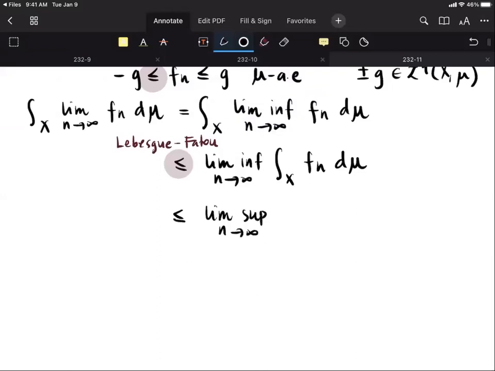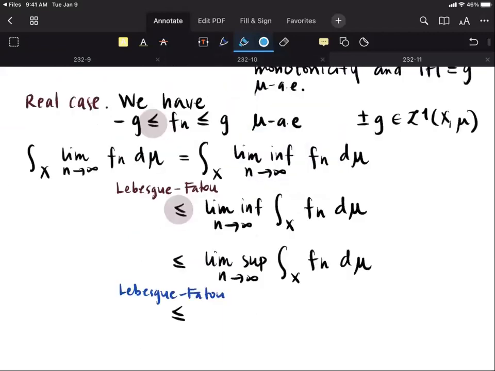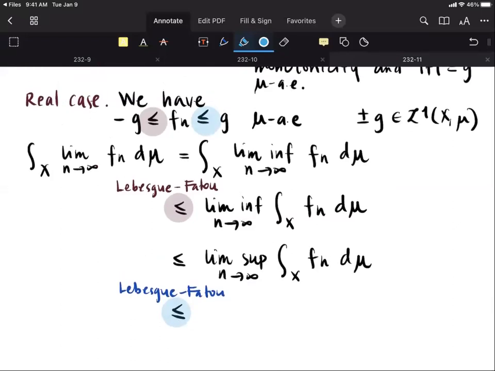However, the limit inferior is less than the limit superior. Now, we utilize, again, the Lebesgue-Fatou lemma for the case of the limit superior. So now you need that your function is less than or equal to some integrable function. But in this case, that inequality is valid for this integrable function g.